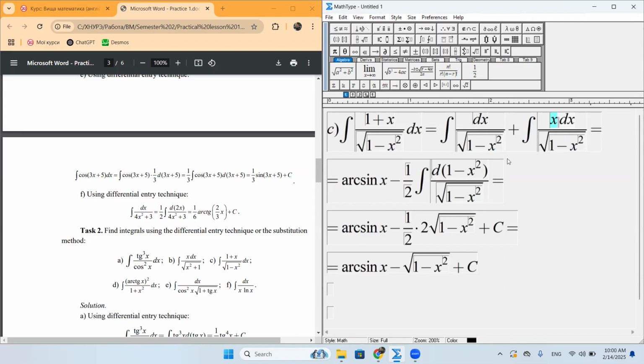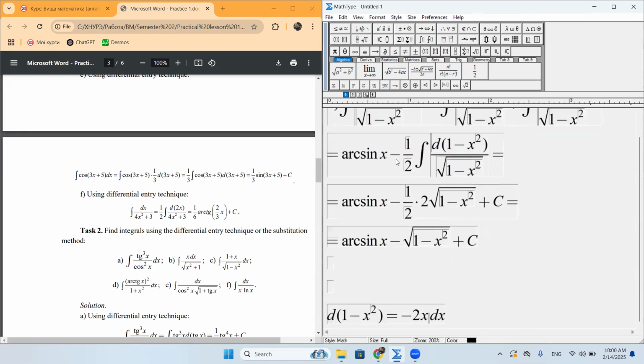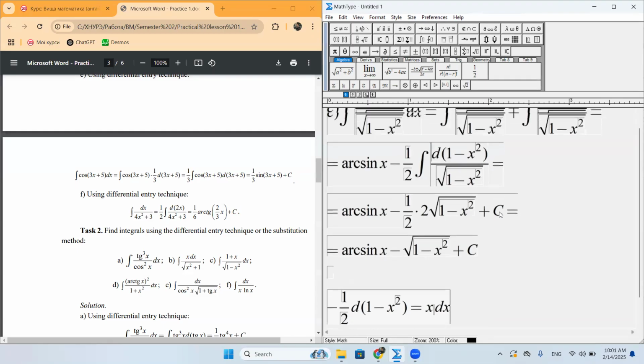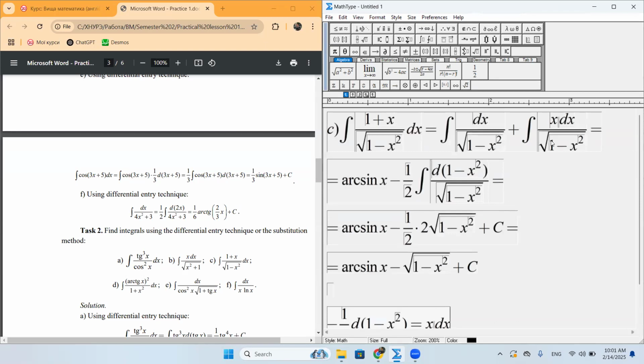So not to break equality, we need to multiply by minus 1 second. So minus 1 second of this differential equals x dx. Have I answered your question? Yes, thank you. Be attentive with the coefficients, don't lose them, so avoid such mistakes.